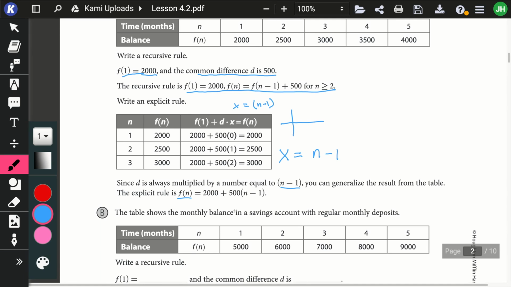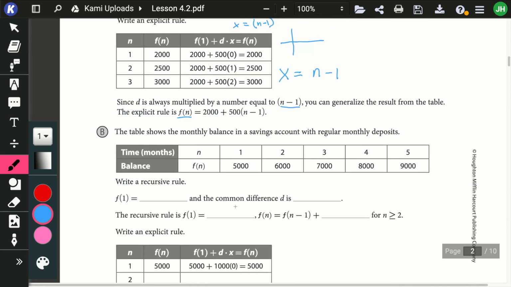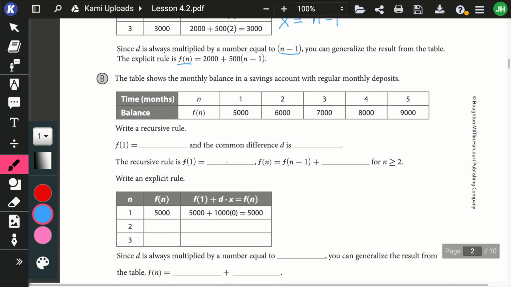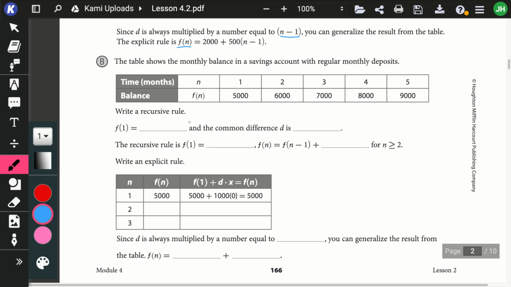Okay? So here's the table showing the monthly balance in your savings account with regular monthly deposits. Here's the time, here's the balance, okay? To write, this is a new one. Can you fill this out? Pause your video, give it a try. Great. Here, we're going to write the recursive rule. F of 1 equals, what does f of 1 equal? Here's n equals 1. F of 1 equals 5,000.